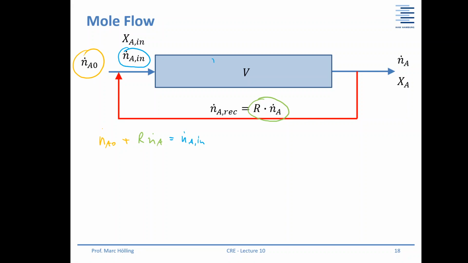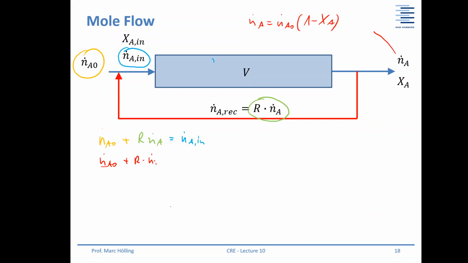So what do we know about this? We can say, okay, N dot A0 plus R times N dot A. This should be the same as N dot A0 times 1 minus the conversion at the outlet XA.